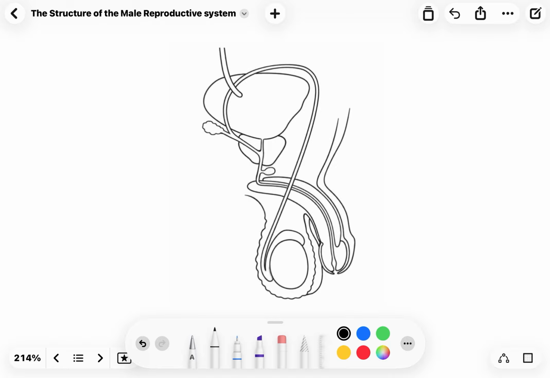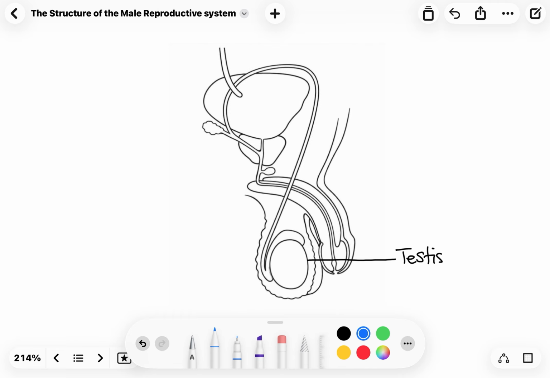The first part that we are going to identify is this one. The testes. It's testis because it's one, testes when there are many.